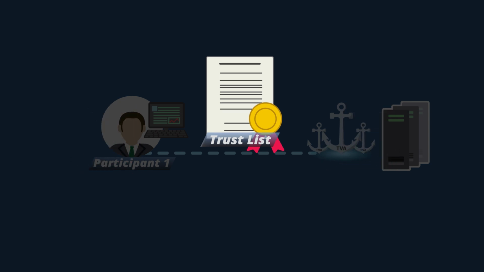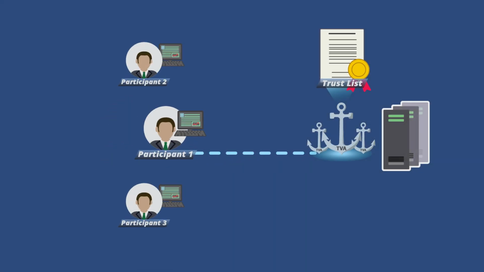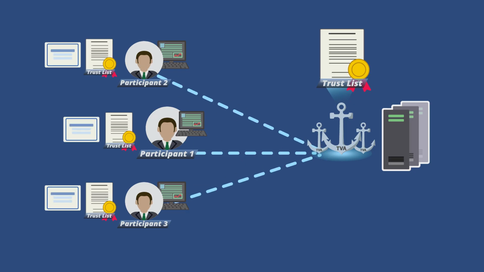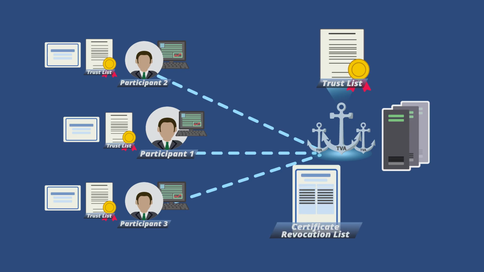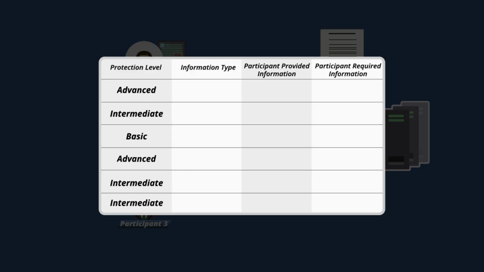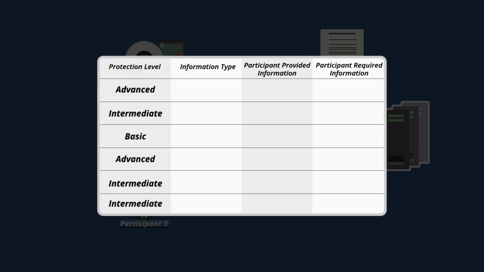The list can be cached regularly by the participants to increase availability. Each certificate authority certificate in the trust list has a URL pointing to the location of a certificate revocation list, or CRL, allowing the participant to validate a certificate's revocation status. The Trust Information List, or TIL, is a list of all the information that participants are exchanging within a TFI.